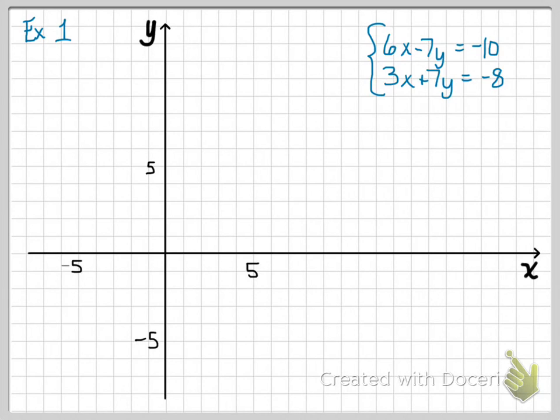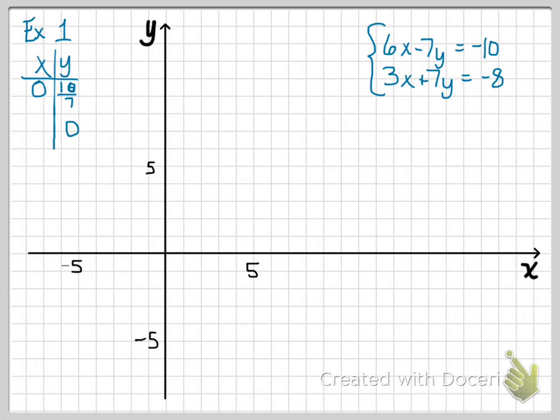So for the first equation, let's do an xy table, and we're just going to find the intercepts, okay? So if x is 0 in this first equation, I have negative 7y equals negative 10. So y is equal to 10/7, which is 1 and 3/7, pretty close to 1 1/2. This is going to be a real rough graph.